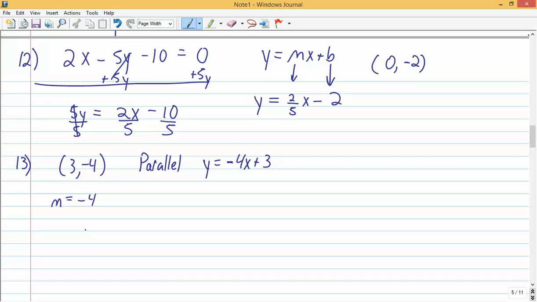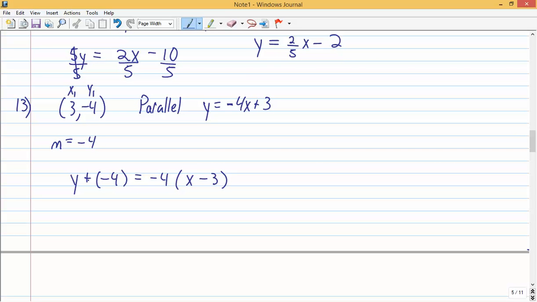So I want to write this in slope-intercept form. The first thing I need to do then is put it in point-slope form, and then I'll make it y equals. There's my x sub 1, there's my y sub 1, and there's my m. So y minus y sub 1 equals m times x minus x sub 1.